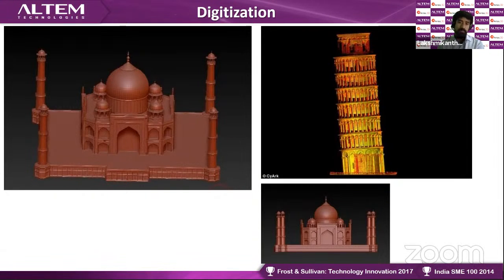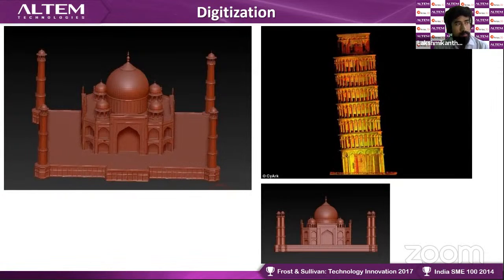So that means even if something happens, or if you want to replicate it at some other location, we will have a 3D model of it, an exactly precise model, and from that model we can recreate it. And again, that is one kind of what we call archiving of existing models.